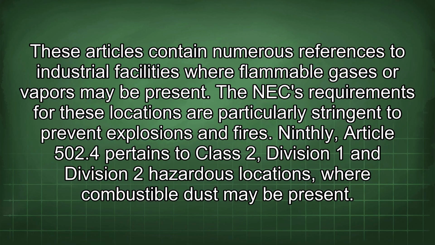These articles contain numerous references to industrial facilities where flammable gases or vapors may be present. The NEC requirements for these locations are particularly stringent to prevent explosions and fires. Ninthly, Article 502.4 pertains to Class 2, Division 1 and Division 2 hazardous locations where combustible dust may be present.